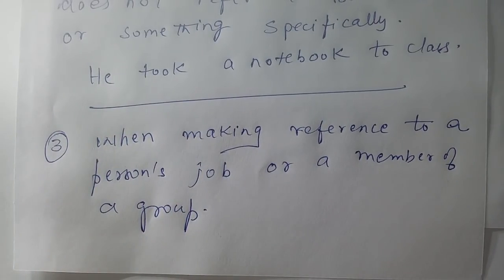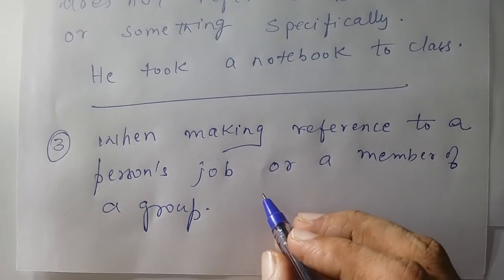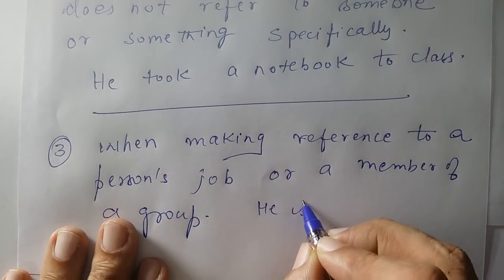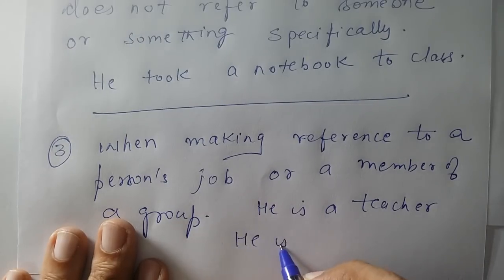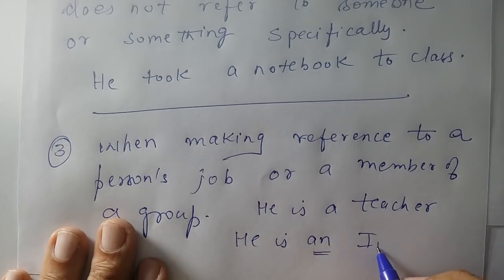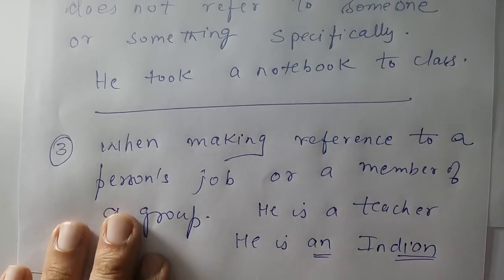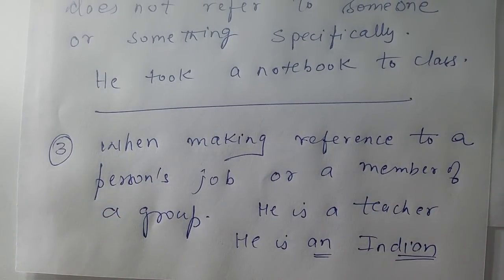Now examples, you have to give me, think about the example and just produce it here. Very simple example we have. We have to refer to the job here. He is a teacher. I told in my previous video that he is an Indian. So these are the things on which we have to work.